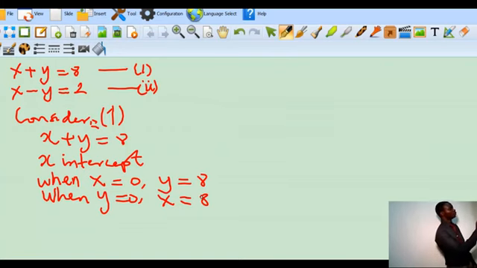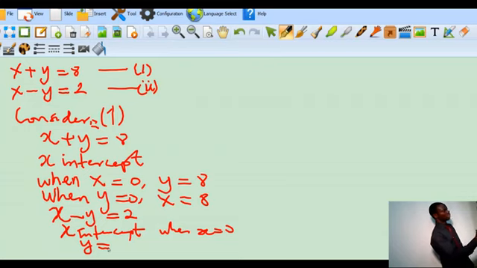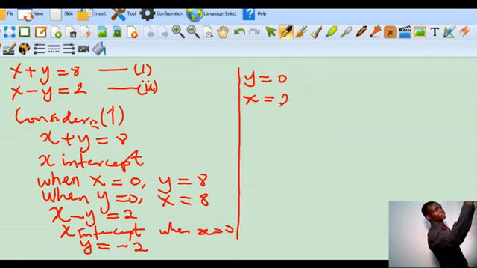Let's consider equation 2, x minus y is equal to 2. For intercepts, when x is equal to 0, y is equal to minus 2. And when y is equal to 0, your x will be equal to 2.